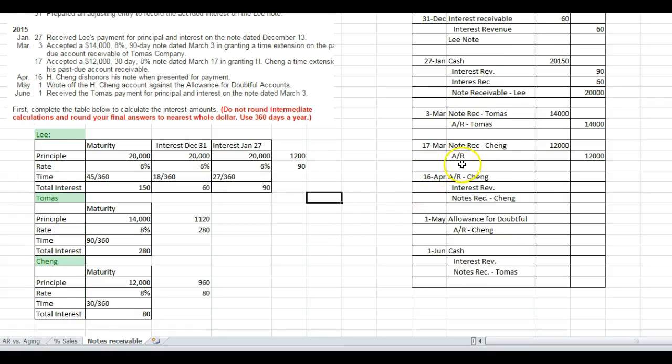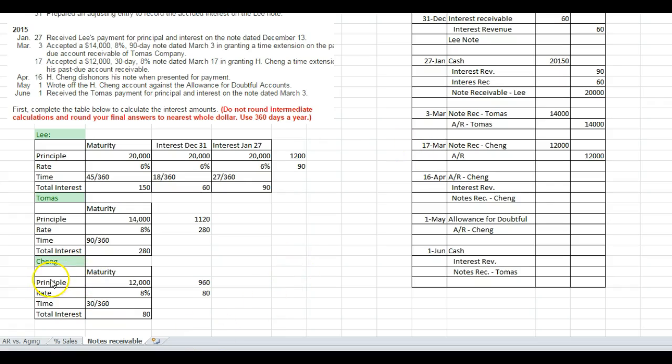So April 16th, how many days have we had that? Well, he owed us 280, but on the 16th was only how many days? From March 16th, must be about 30 days. I'm going to say probably, yeah, it's 30 days.